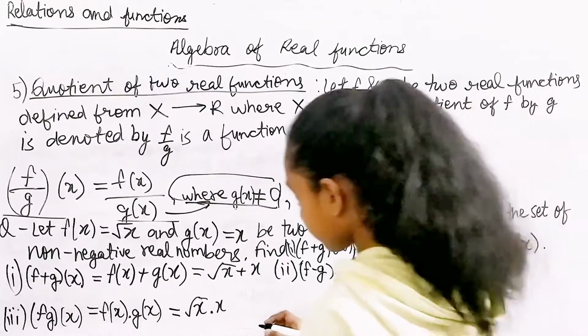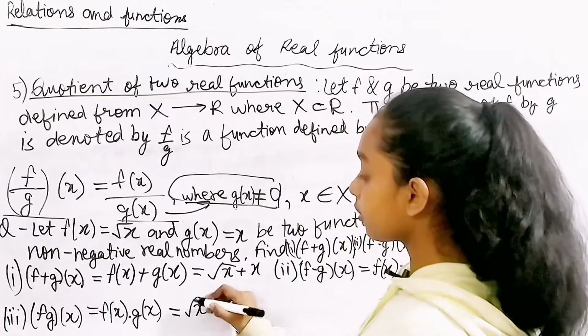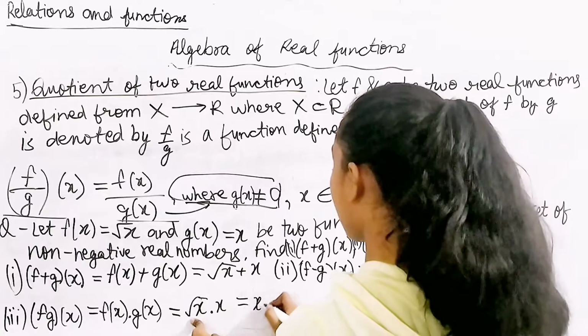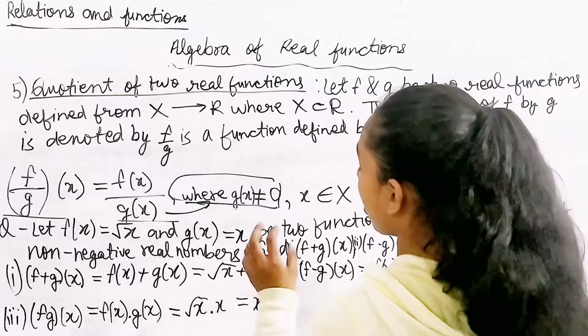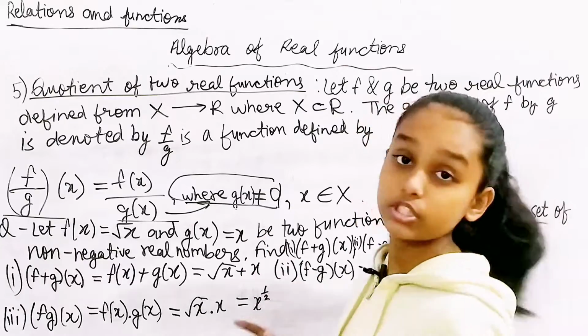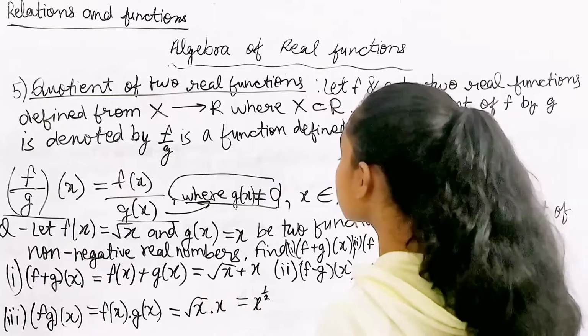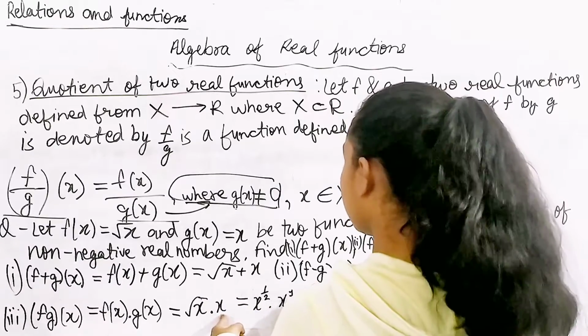If I want to remove this square root, how will I write it? I write x to the power 1 upon 2, as we all know about the square root, and this will be x to the power 1.